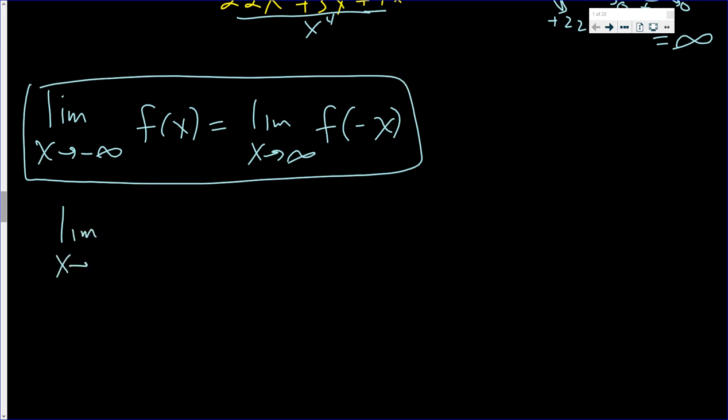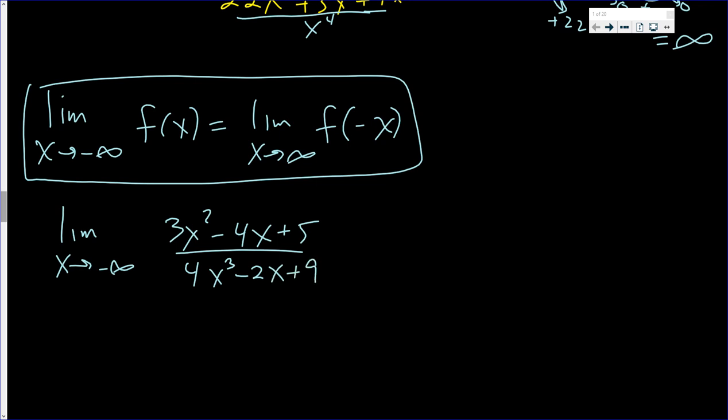So if I ask you, here is your example, the limit as x goes to negative infinity of 3x squared minus 4x plus 5 all over 4x cubed minus 2x plus 9. Well, this here is f of x.